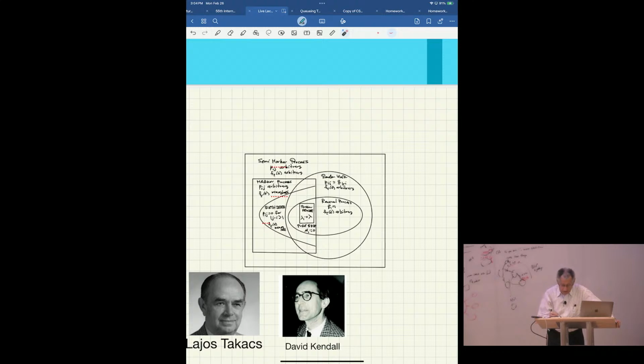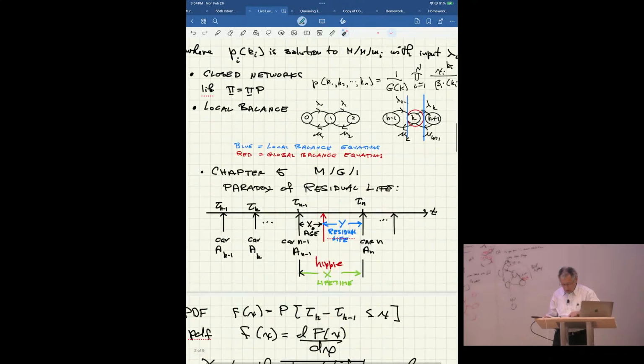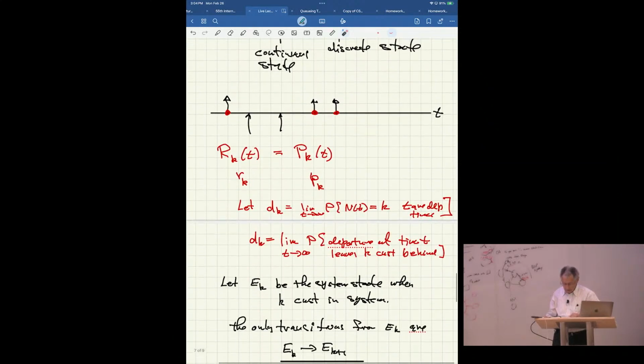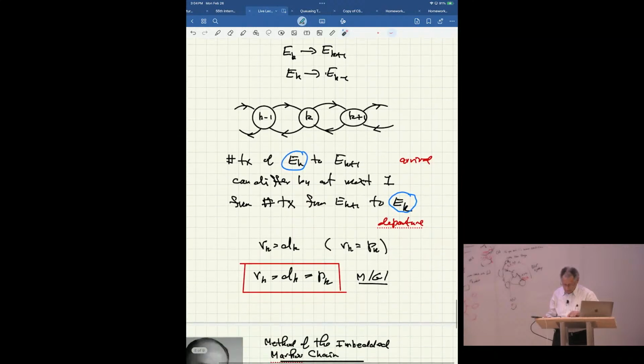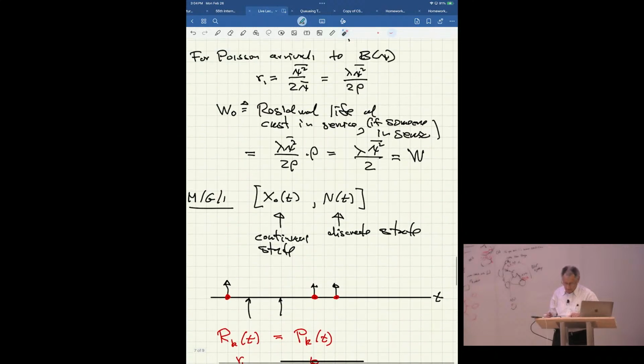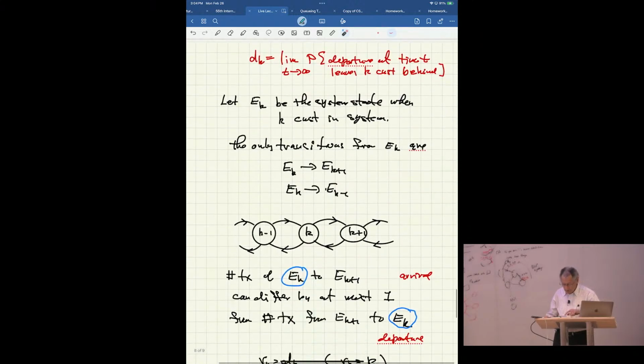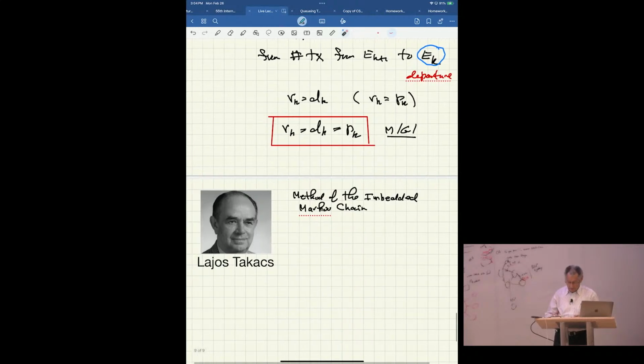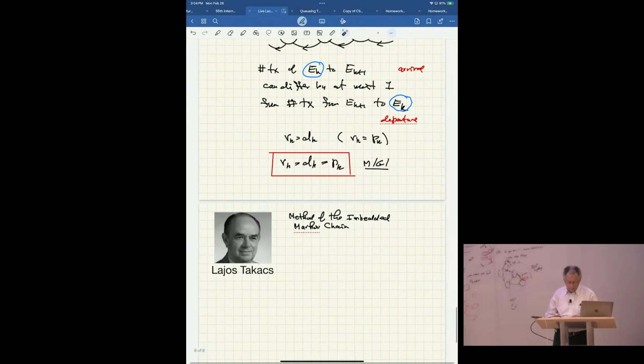So we really were faced with a semi-Markov process when we got down here. Right here. This is a semi-Markov process, but we've converted it by this method of the embedded Markov chain to a true Markov process. That's the brilliance of his approach. Okay.